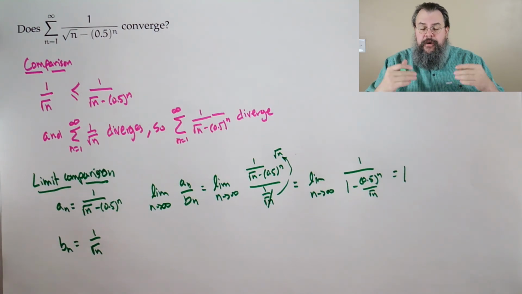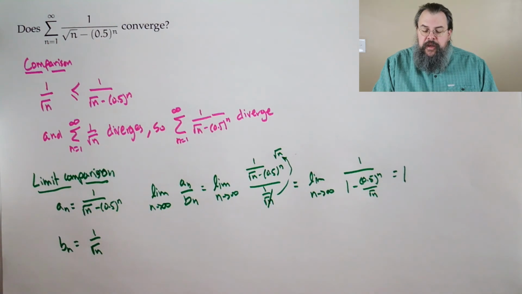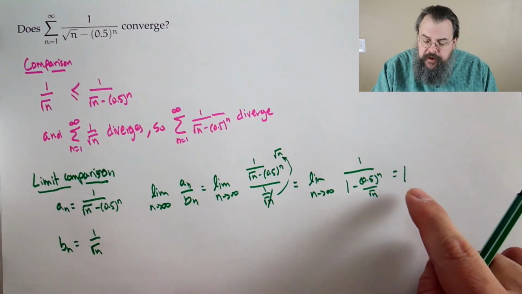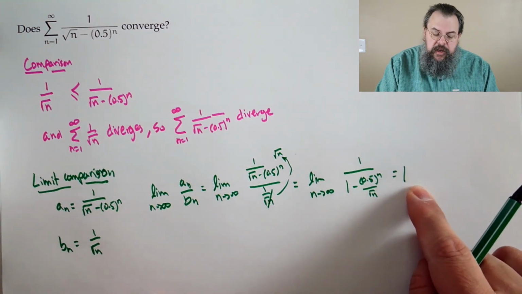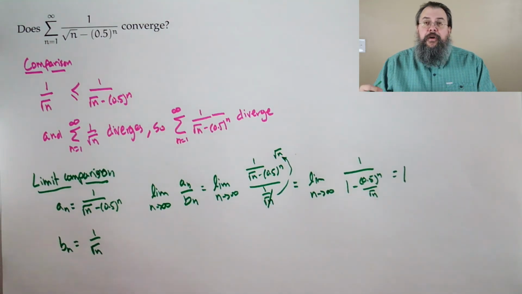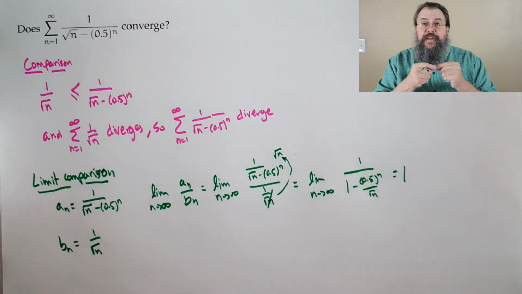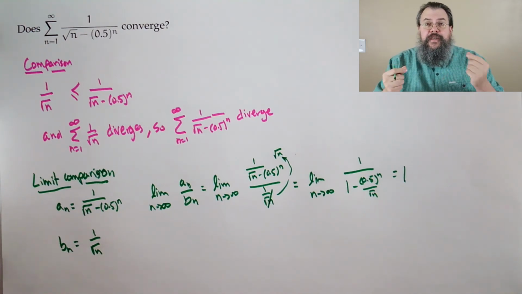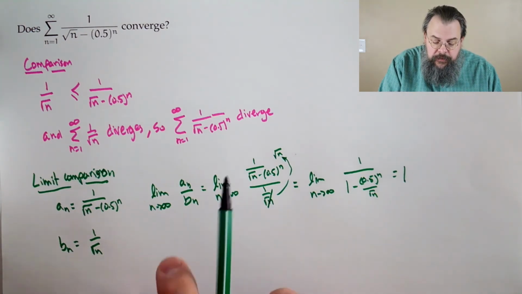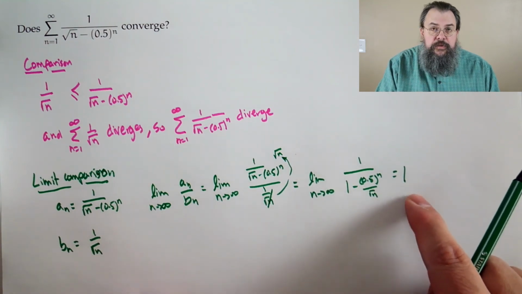Of course, you have to go far enough away. And now, the only thing we care about is that it converges to something. And then we say, great. So that says we can tie the two sequences together. If one converges, the other converges. If one diverges, the other diverges.